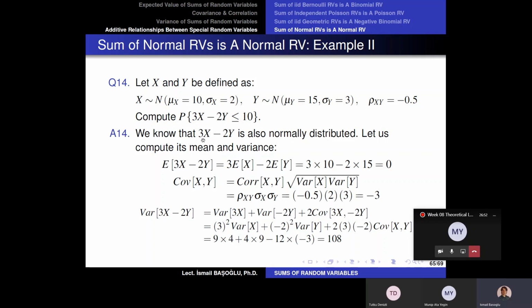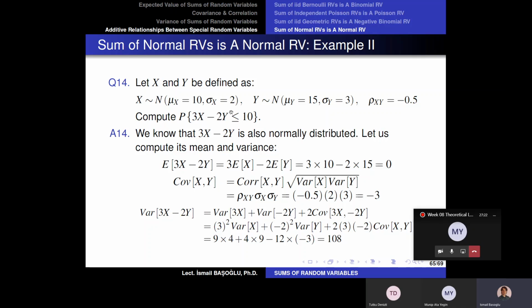Now, you know, the linear transformations of normal random variables are also normally distributed, right? So in the chapter where we have explained the normal distribution, we have given this proposition: if X is a normal random variable, then if you multiply that normal random variable or add and subtract another normal random variable from that, it does not matter. The result is just going to be a normal random variable again.